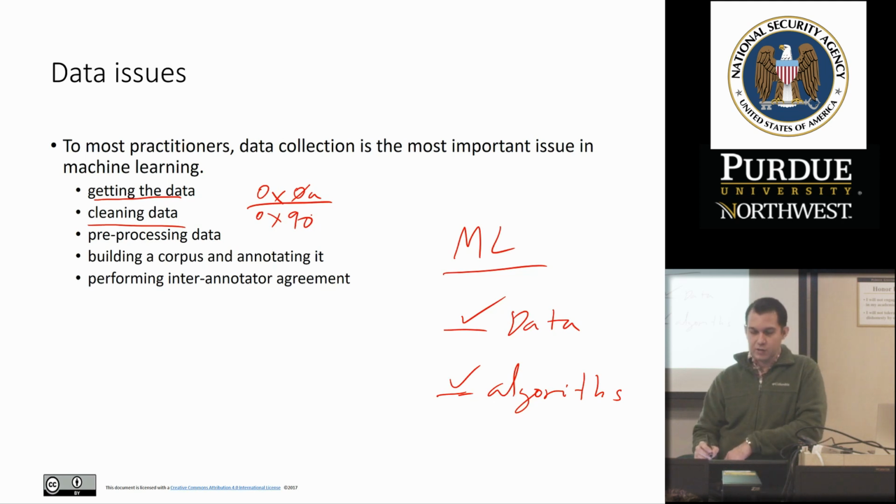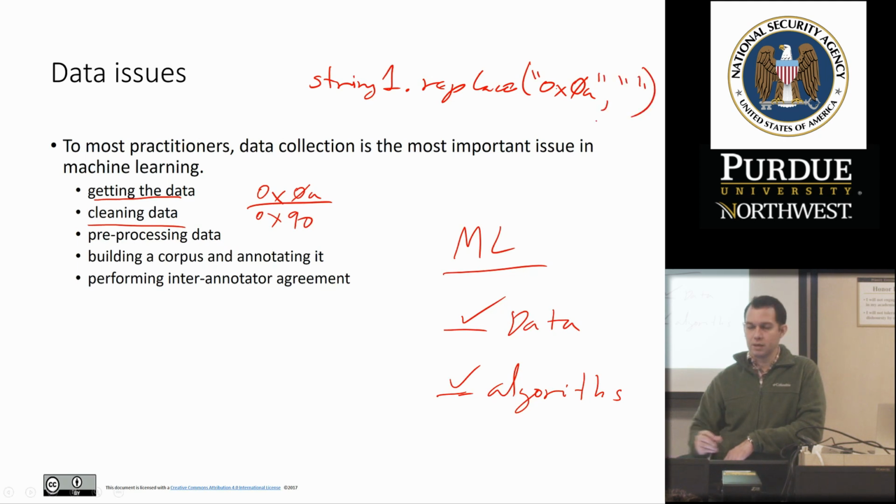So you want to write some code that basically replaces this with nothing, for instance, right? In Python, that's usually like, let's say, you'll have a string s1 dot replace, and you replace that character, or you use a regular expression, right? And you replace this with basically nothing. And that's the code that you use, and that's what I mean by cleaning, right? So taking that approach. All right, then pre-processing the data.